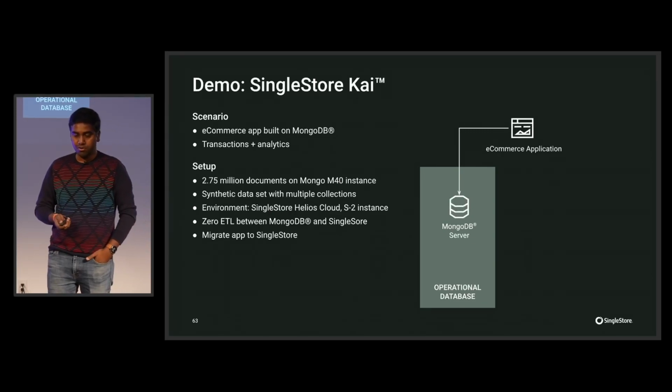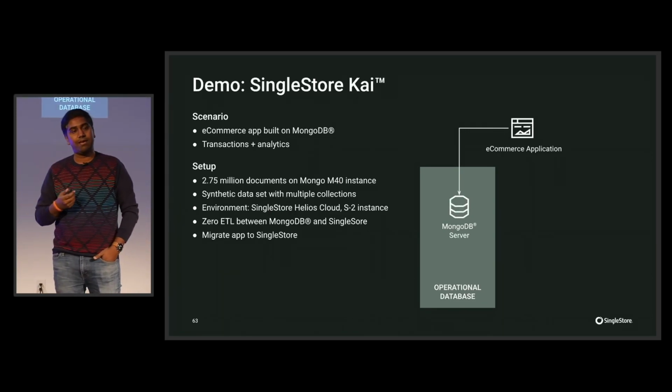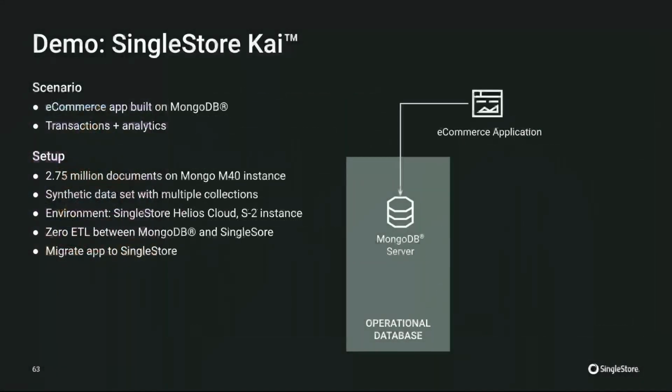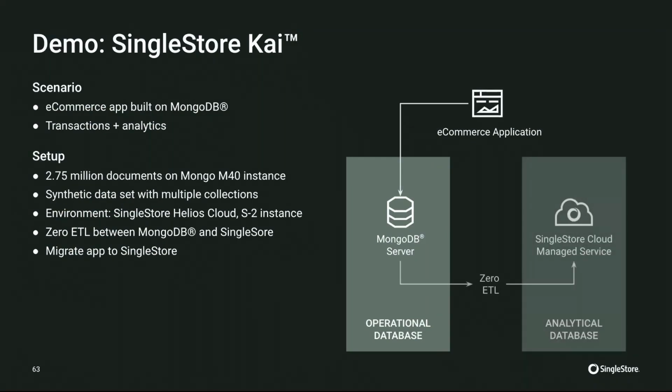And with SingleStore Kai, we have introduced multiple capabilities that simplify this customer's journey. So to begin with, we introduce Zero-ETL that helps in a seamless and simple data movement from your Mongo database into SingleStore DB Cloud with literally two commands that you will see.